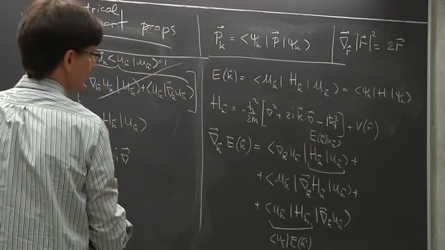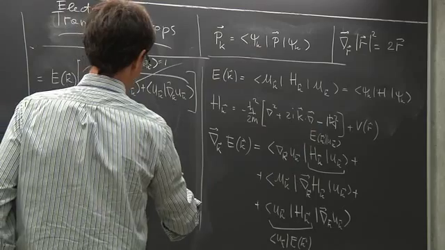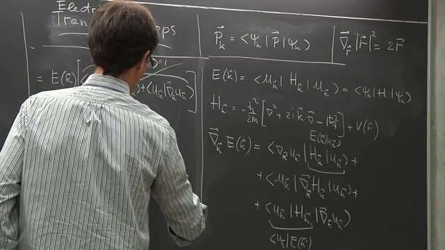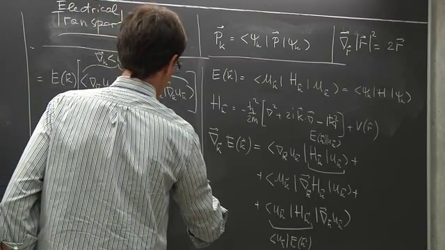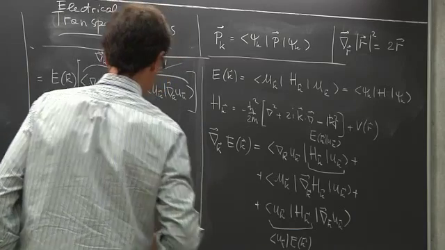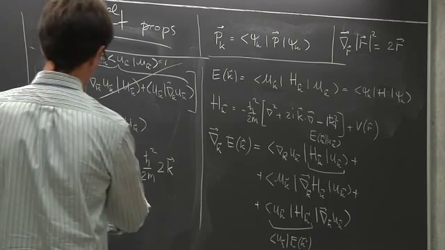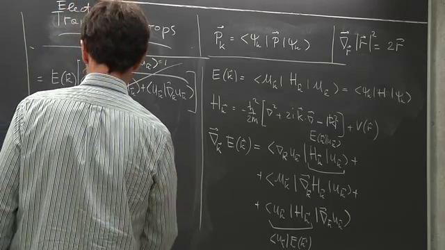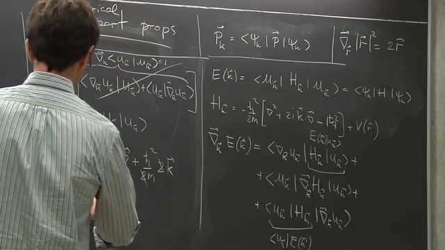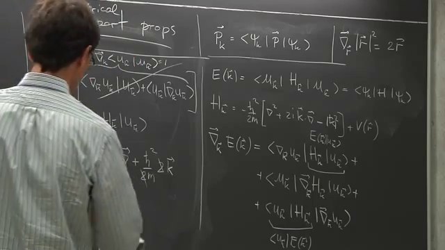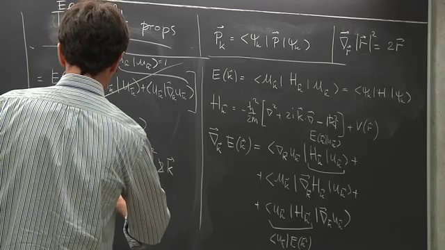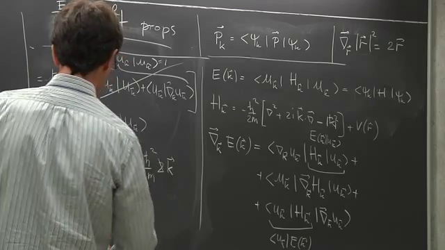Minus goes away, and so I have plus h squared over 2m 2k. Actually, I can remove a number of factors and collect minus h squared over m.